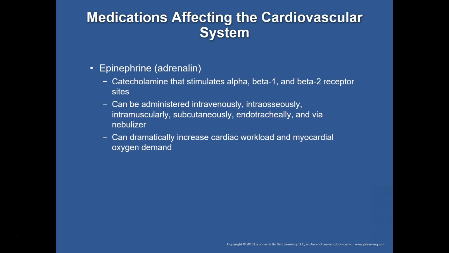Most people don't realize the main purpose for why we give epinephrine in cardiac arrest. They always think that it is to stimulate the heart, though that is part of it. One of the key reasons why we give epinephrine in cardiac arrest is to cause vasoconstriction, to affect the alpha sites, to cause those blood vessels to constrict, so it increases blood pressure and improves the CPR.